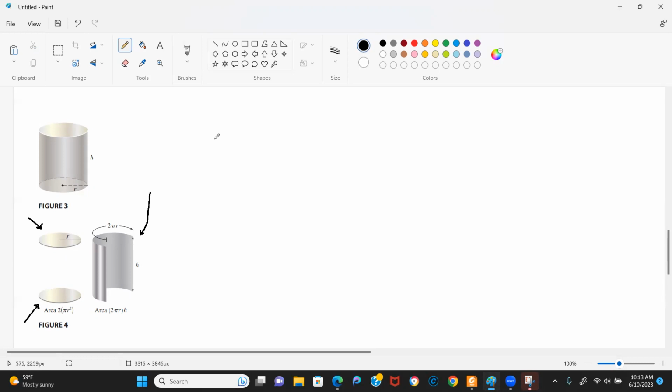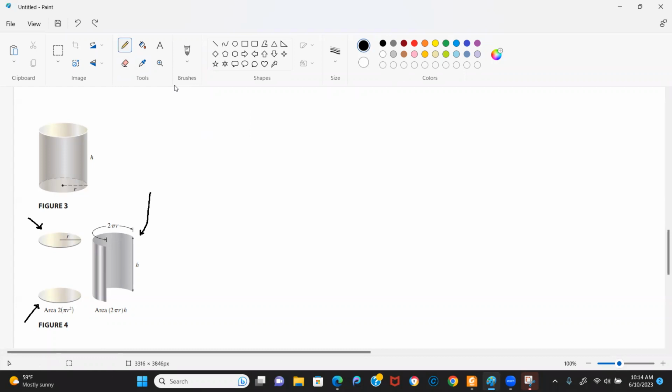So what we want to minimize is the surface area.